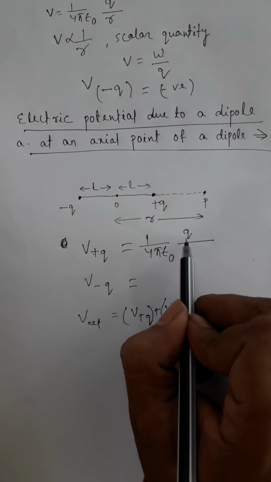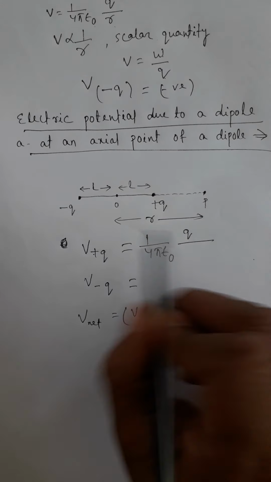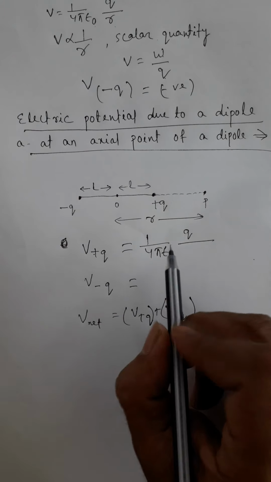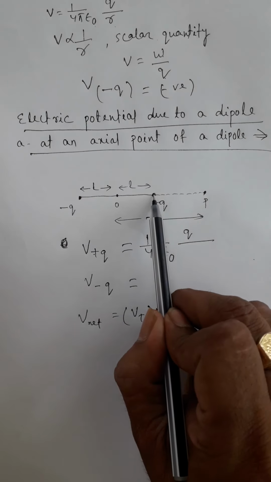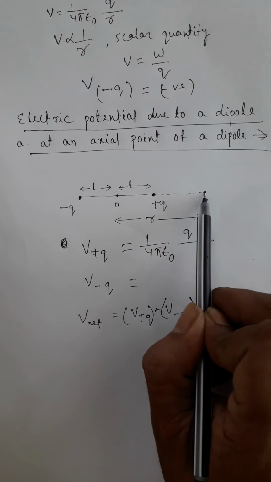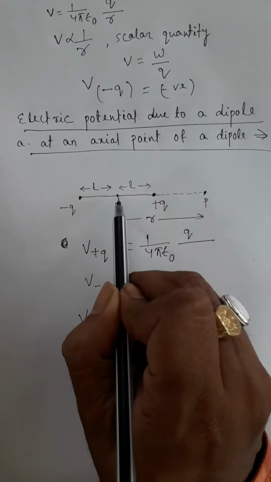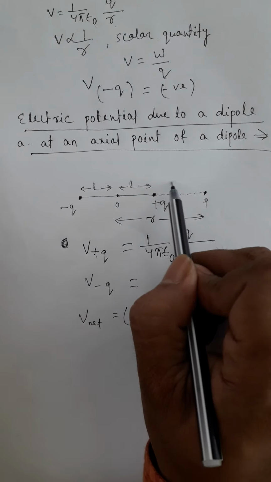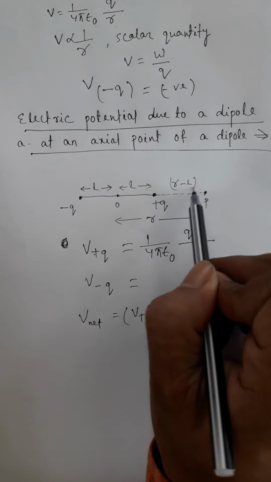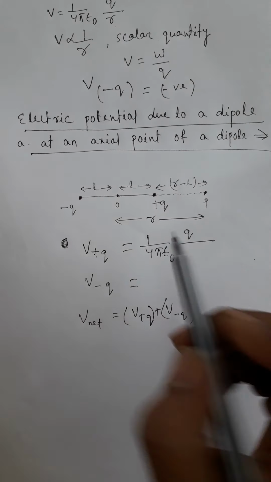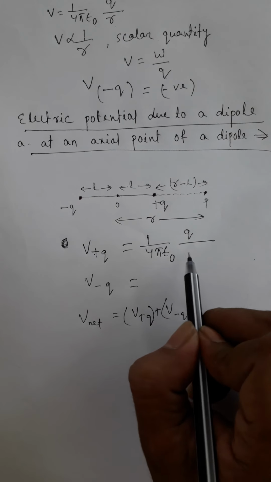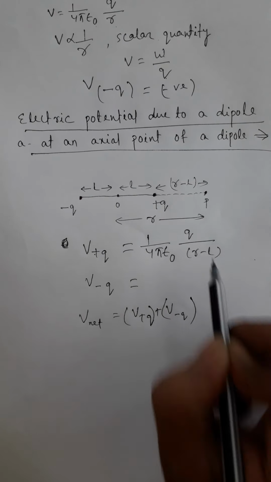Here this is plus because it is a scalar quantity. The distance from this positive charge to point P is, if the total distance is R and this distance is L, R minus L. So instead of R, we write R minus L.